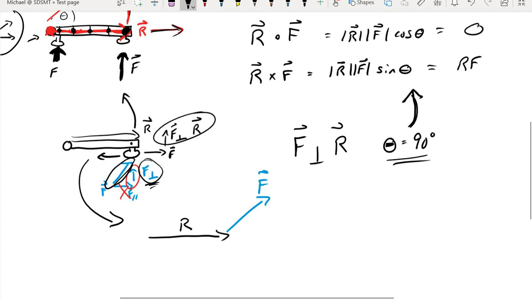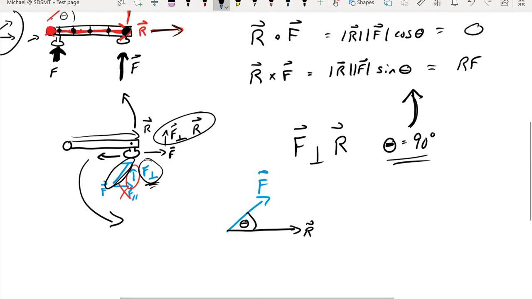In this case, we can see that there is an angle relationship between the radial vector and the force vector. That's not a correct representation of measuring an angle relationship between these two vectors, but this is.